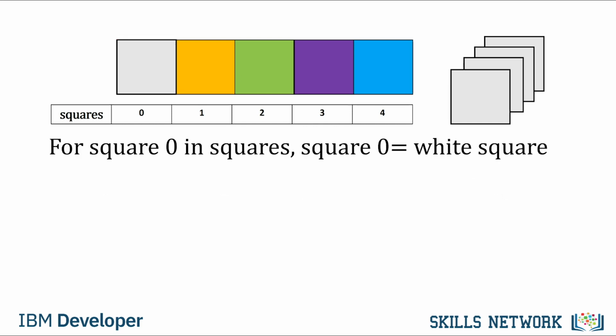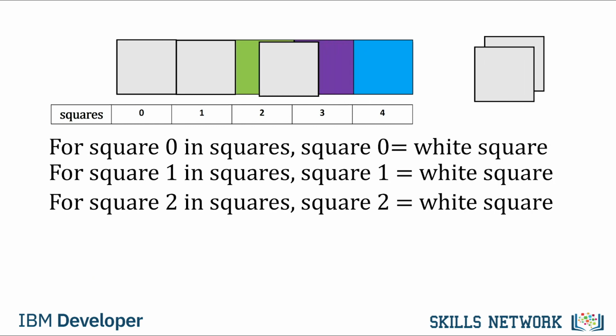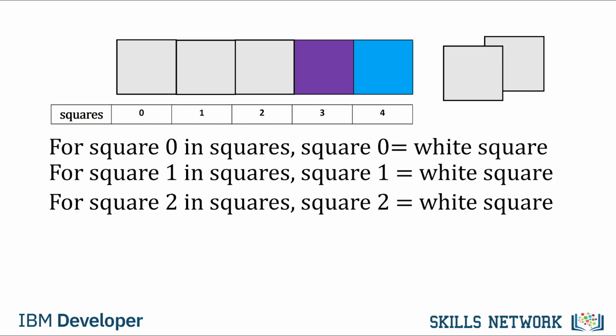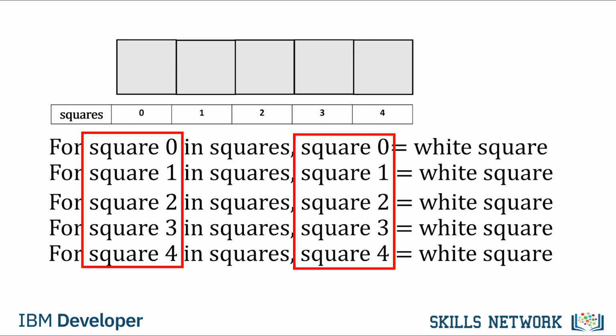Similarly, for the next square, for square 1 in squares, square 1 equals white square. For the next square, for square 2 in squares, square 2 equals white square. We repeat the process for each square. The only thing that changes is the index of the square we are referring to.